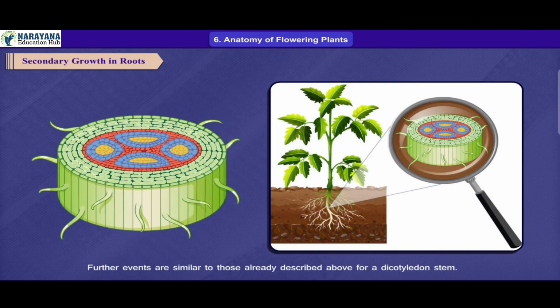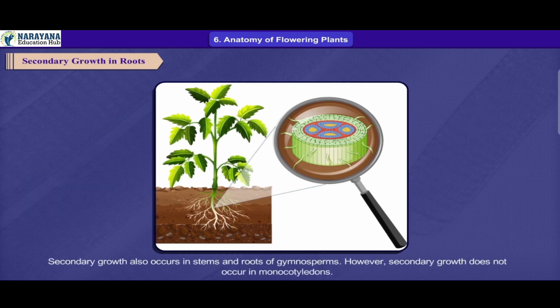Further events are similar to those already described above for a dicotyledon stem. Secondary growth also occurs in stems and roots of gymnosperms. However, secondary growth does not occur in monocotyledons.